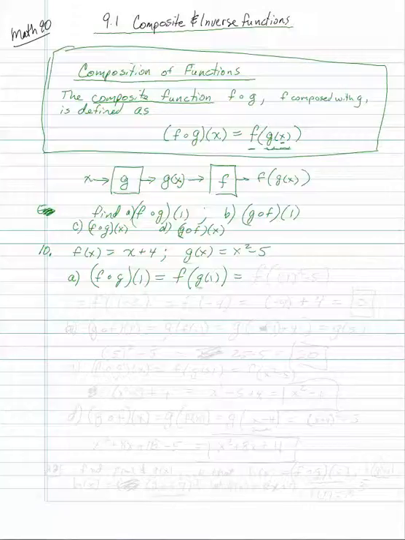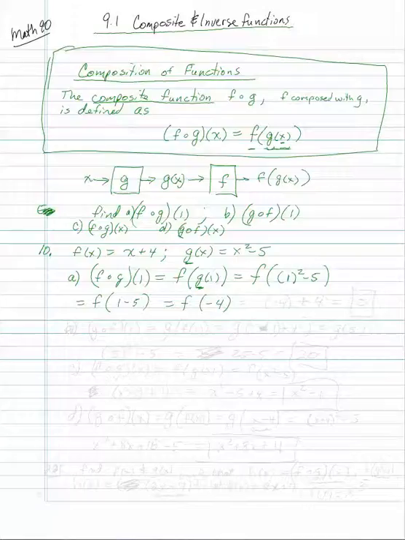So our first step is figure out what g of 1 is. Remember, the g function is x squared minus 5, but we don't want x, we want 1. So you put 1 in there: 1 squared minus 5, which is 1 minus 5, which is negative 4.